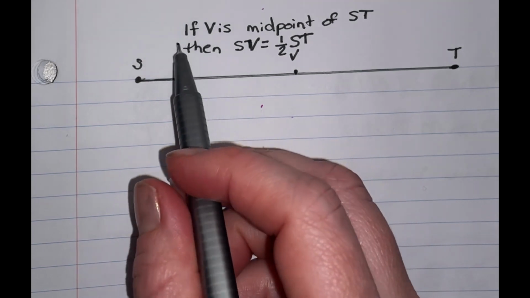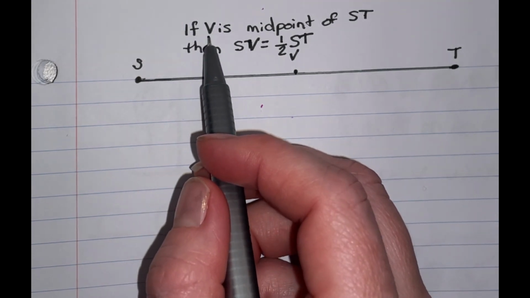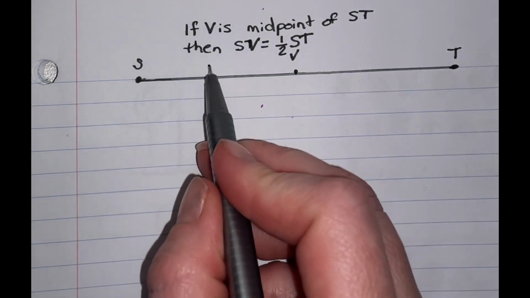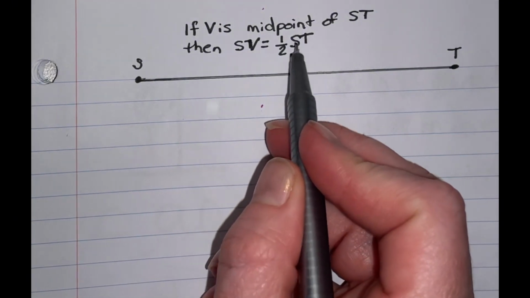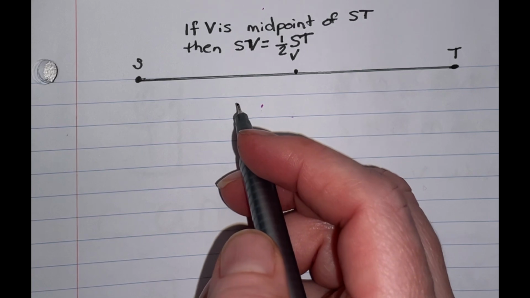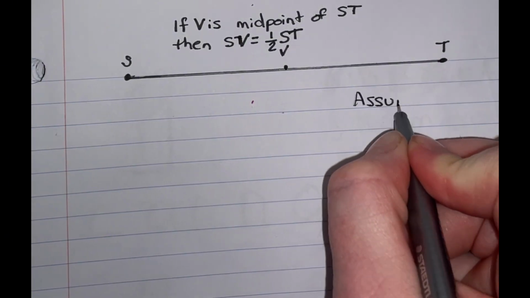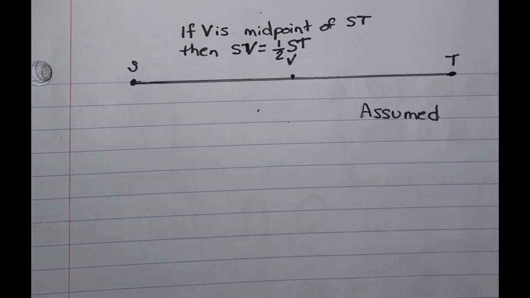It says, prove if V is midpoint of ST, then SV equals half of ST. So first thing that we need to figure out is what is assumed. That is always the first thing in a proof.